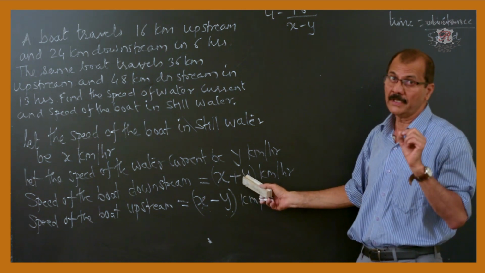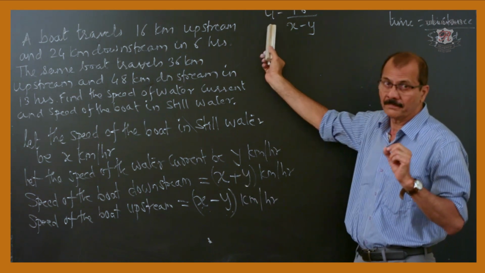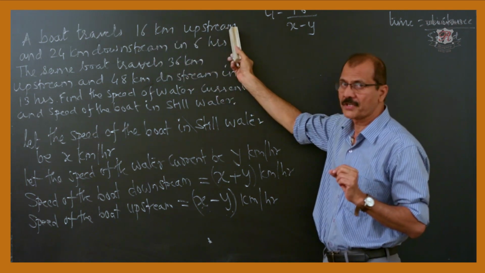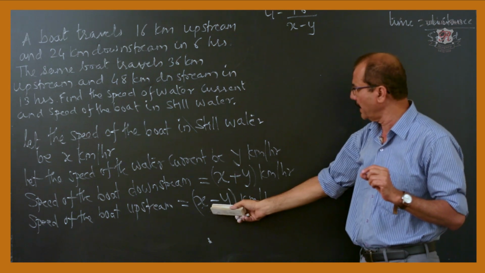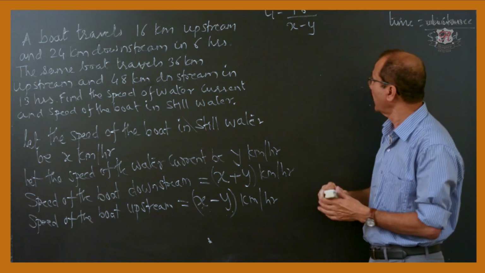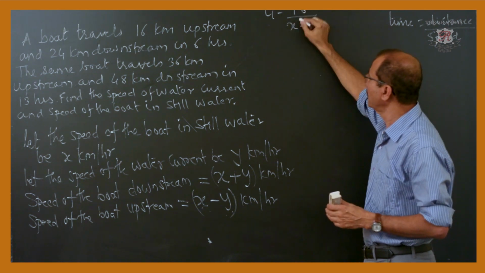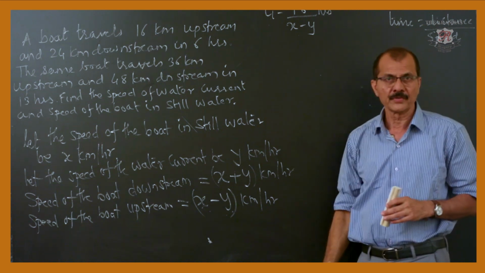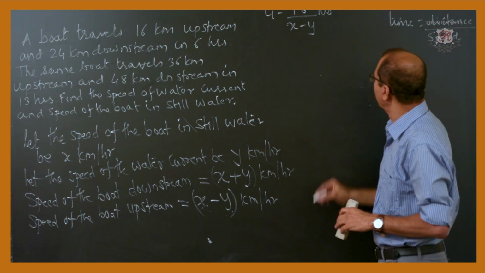So, be careful here. Time taken to travel 16 kilometer upstream with the speed x minus y, because you know the speed upstream is x minus y. So, time T1 is equal to 16 upon x minus y hours. Time, so the unit is hours.